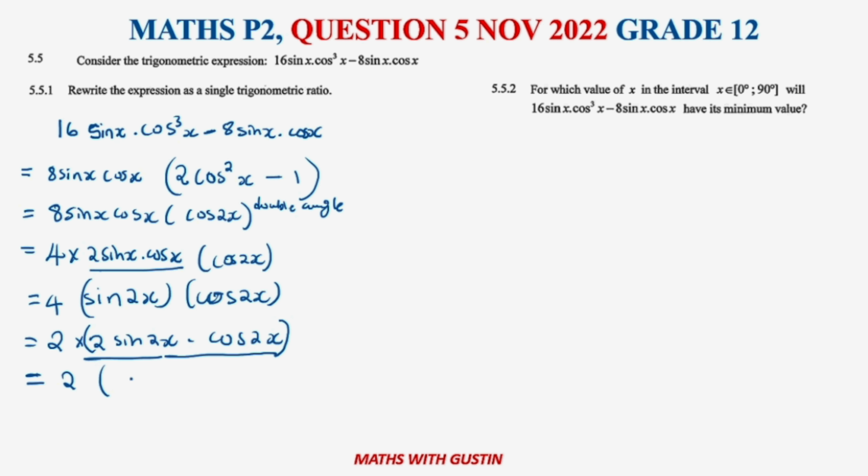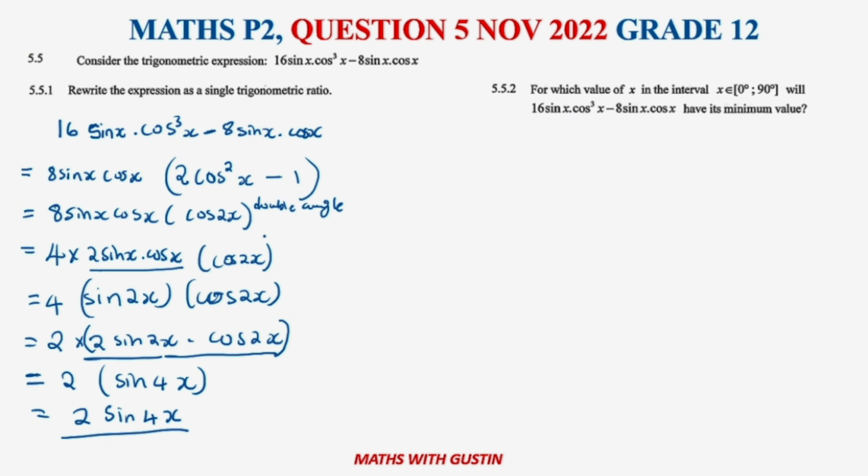So this will bring us 2 sine 4x. Therefore our single trigonometry ratio is given by sine 4x. I hope you guys fully understand this. Basically here we're just applying only one identity, which is that identity of 2 sine x cos x.